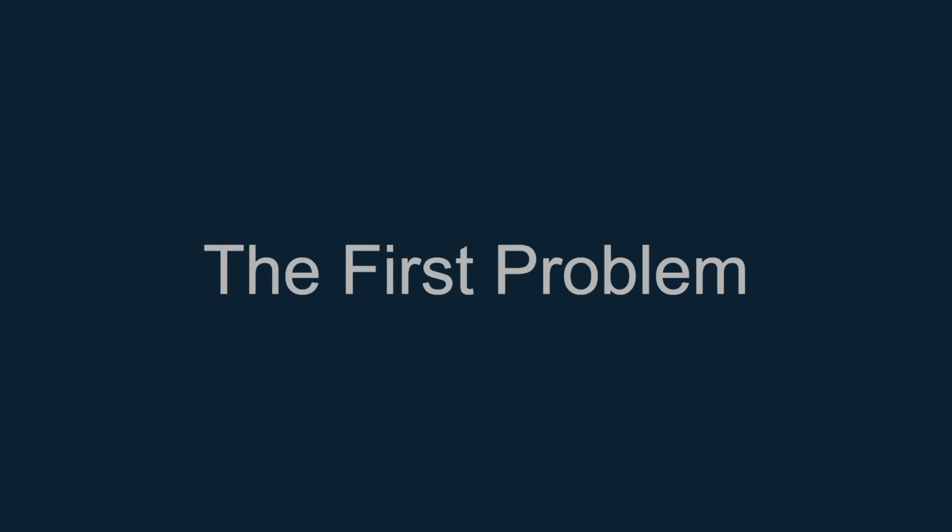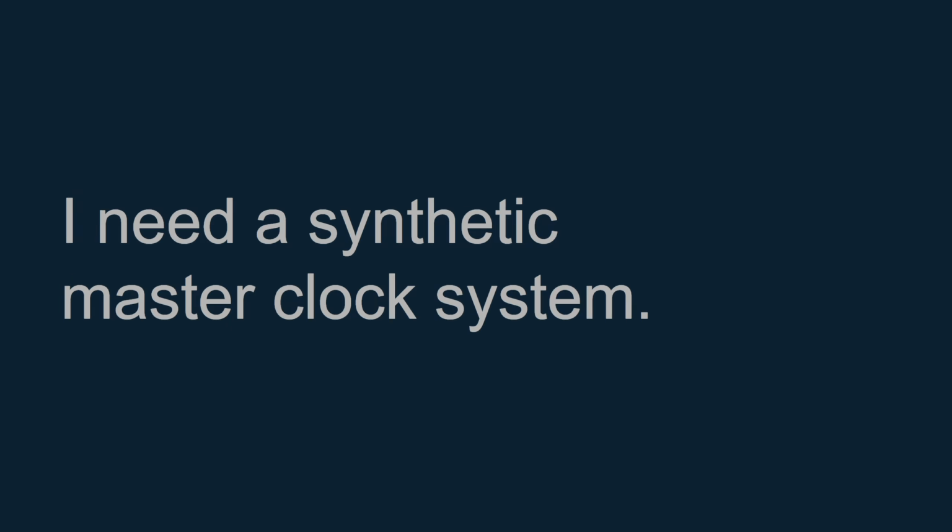So the first problem that I ran into when I started thinking about this was everything needs to be synchronized. In my layout, everything is very time sensitive in my theme of my layout. So I need a synthetic master clock system. Now we're not talking about fast time systems as they exist today.